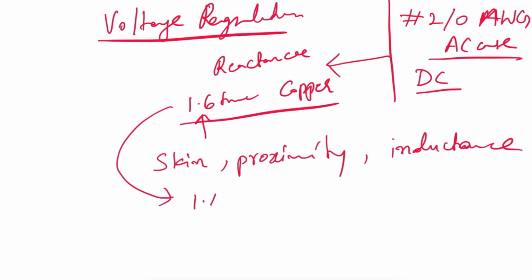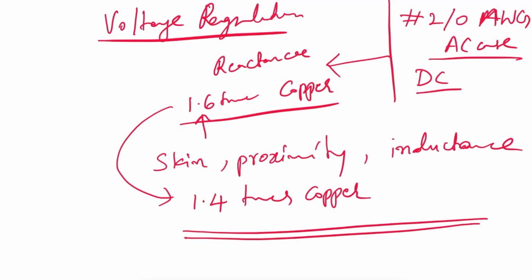So 1.4 times that of copper if we use, then the same voltage regulation means the drop along the length of the cable will be more or less same for 1.4 times that of the copper in case of large diameter AC cables, or it is 1.6 times of the cable if the size is around up to number 2 American wire gauge.